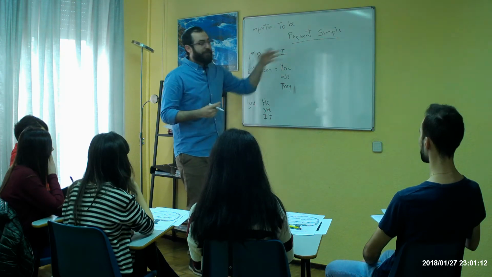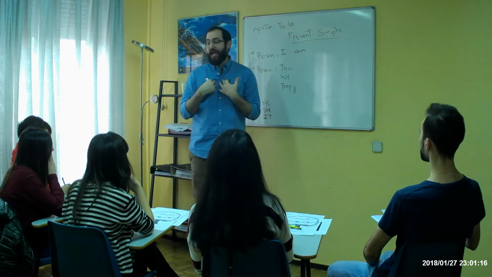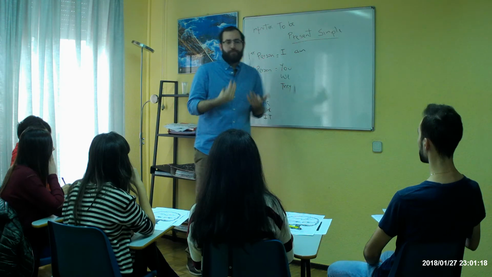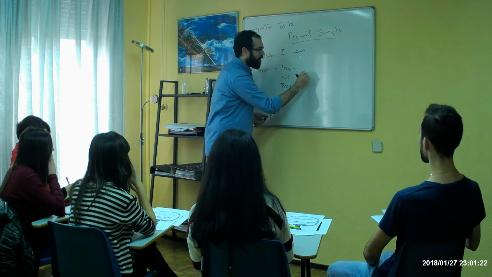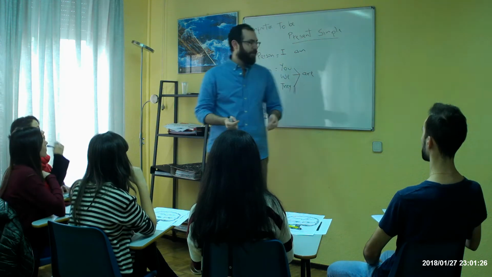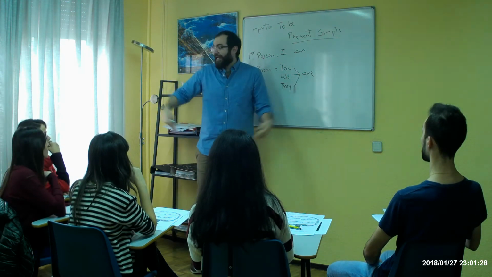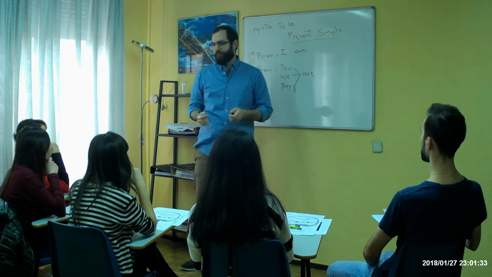So, in the present simple, I am John. Okay, I am John. You, we, and they are. You are Alberto, for example. We are a class. And they are other students, in that case.